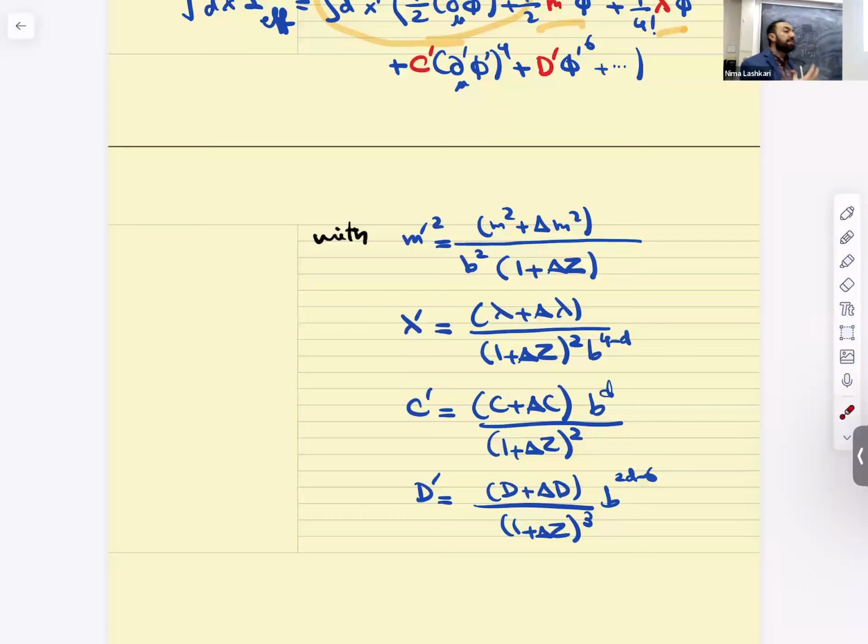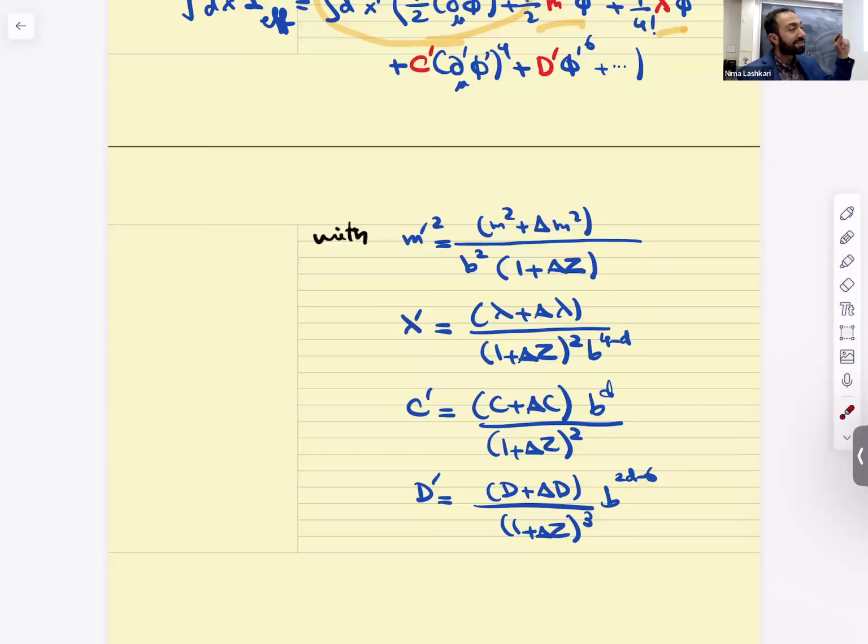Now, when I said that the couplings change, all I was saying is that there's no reason for delta Z, delta lambda, delta C, and delta D to be zero. They're generically non-zero. So if you pick C and D as the initial values to be zero, it's silly because these become non-zero.